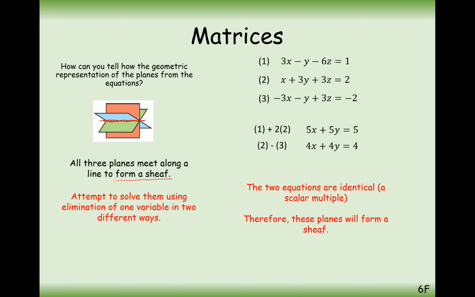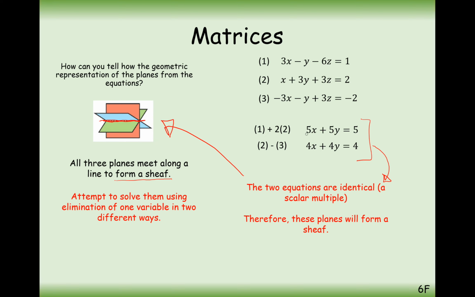So therefore, as the equations are identical, the plane construction here is going to have infinitely many solutions along this line here. Okay, so this result, the fact that the 2 equations are identical, means that it looks like this.